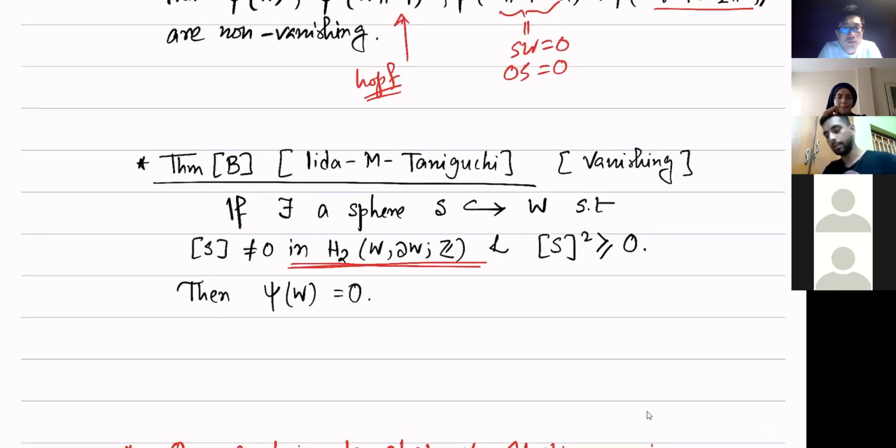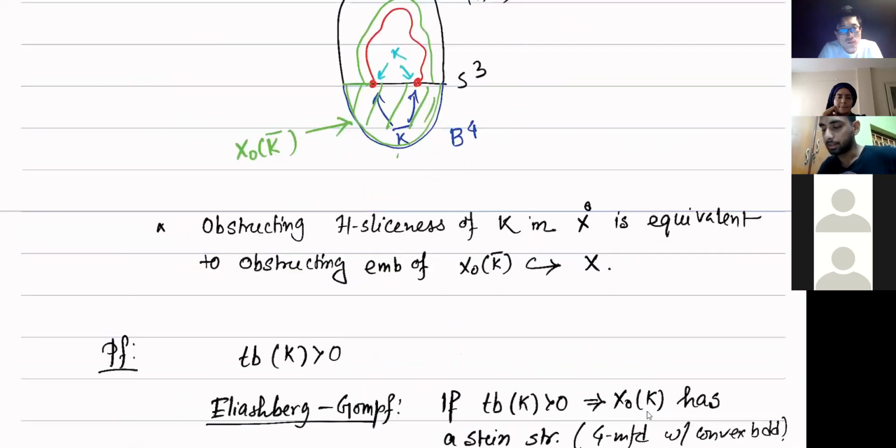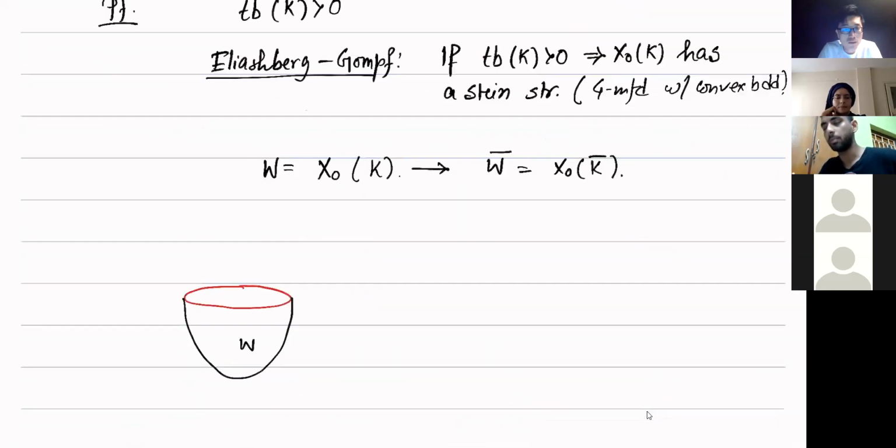We need to come up with a sphere which is non-trivial in the relative homology. But in this case, if we consider X naught K, then the boundary is not a homology sphere. So there is no reason that when I compute the relative homology, this is non-trivial.